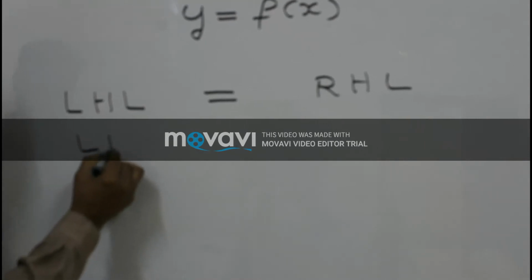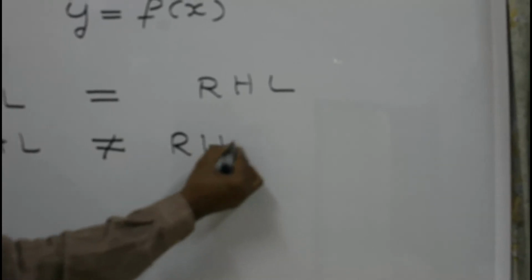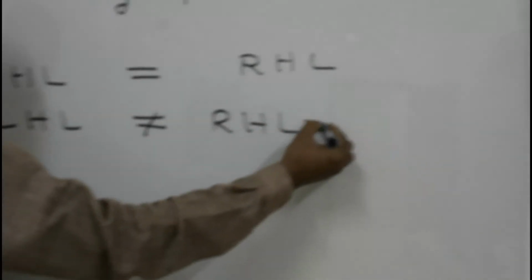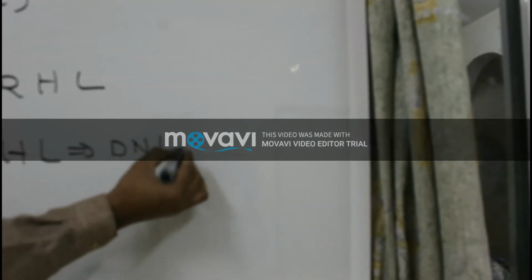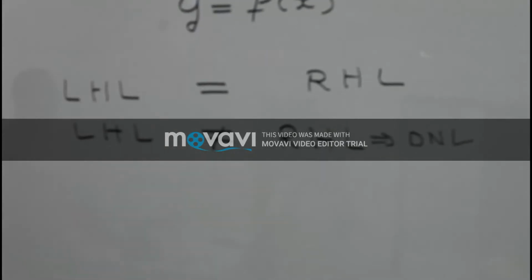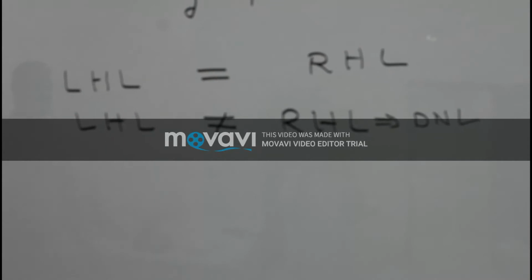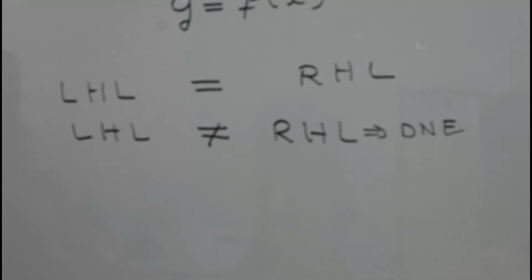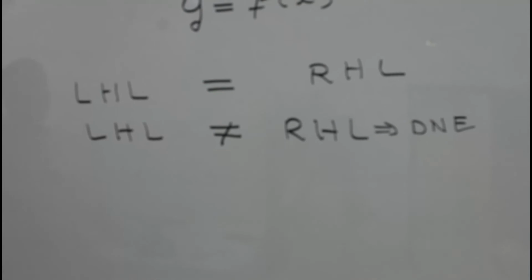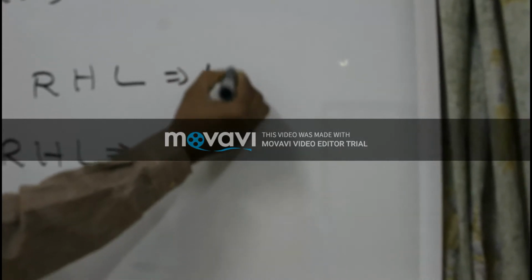For example, LHL not equal to RHL implies the function does not have a limit, or the limit does not exist, DNE. If LHL equals RHL, we can say the limit exists.